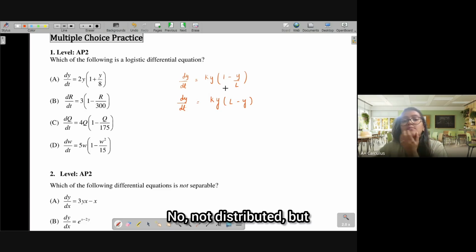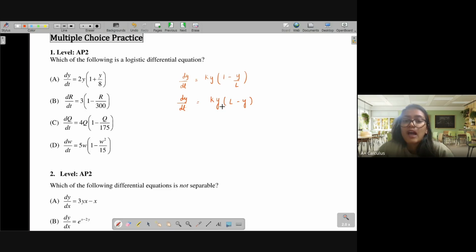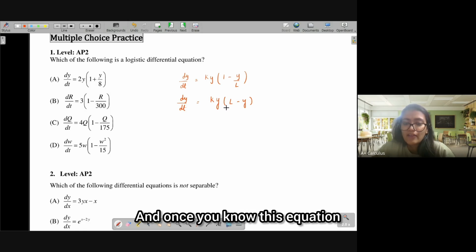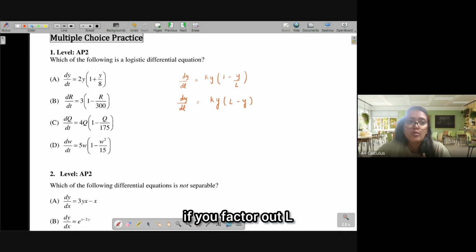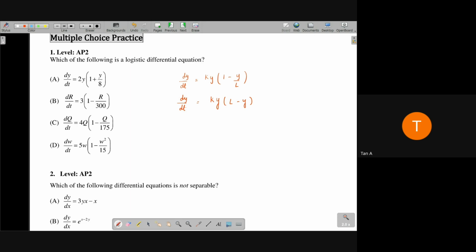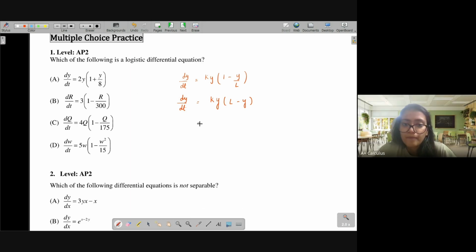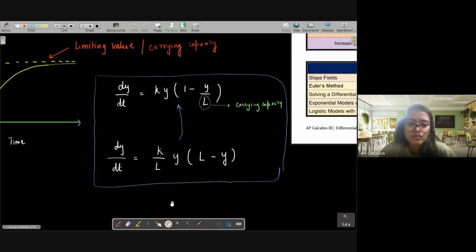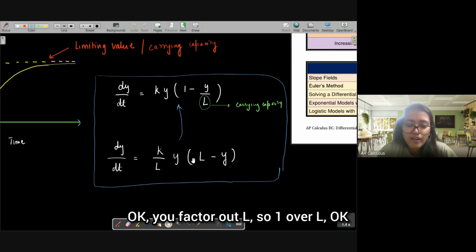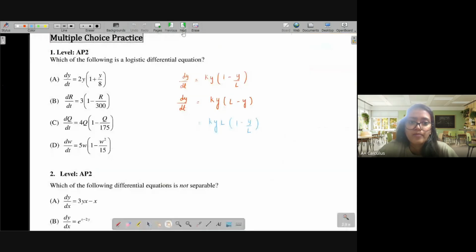I think you should just remember this equation. And once you know this equation, if you factor out L, you'll get this equation, 1 minus y over L. You factor out L, so 1 over L.